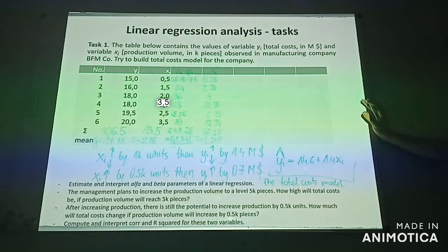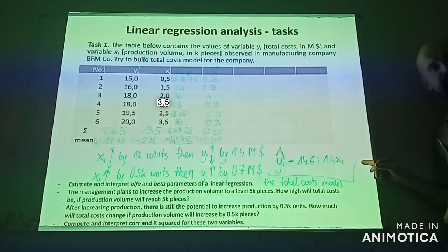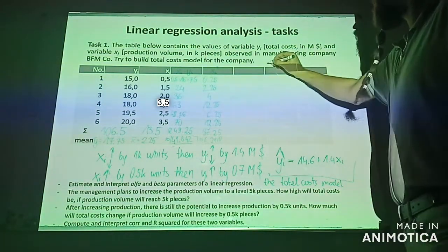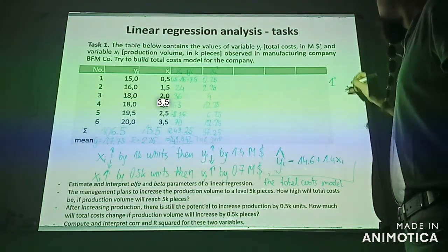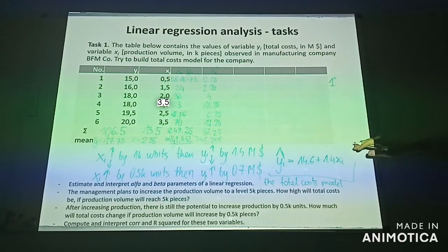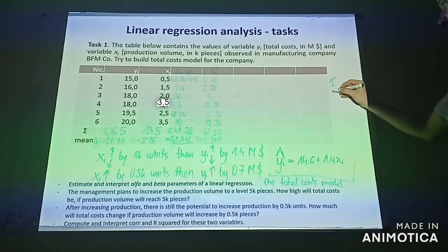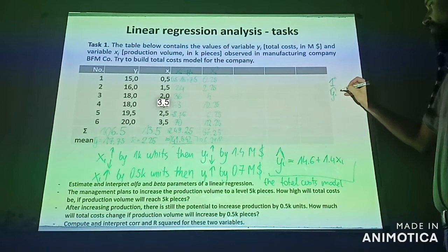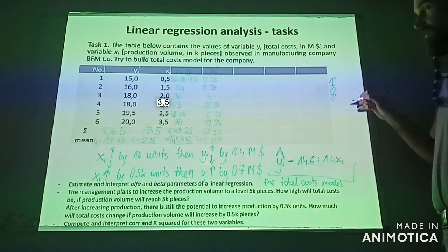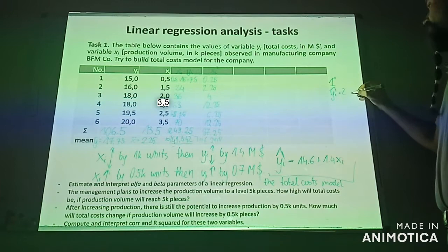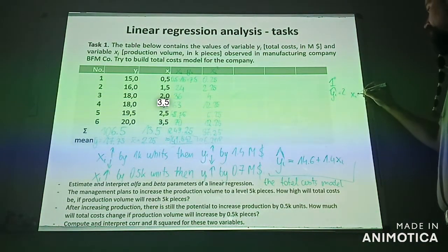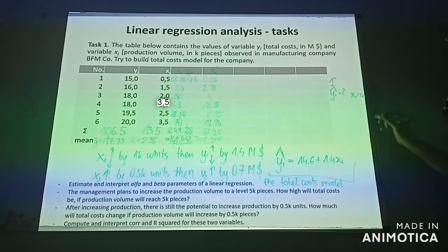Alright, we can summarize the information that we have gained from the model. The first information is a kind of forecasting, prediction of the expected level of the dependent variable if I take a certain value of the independent variable.